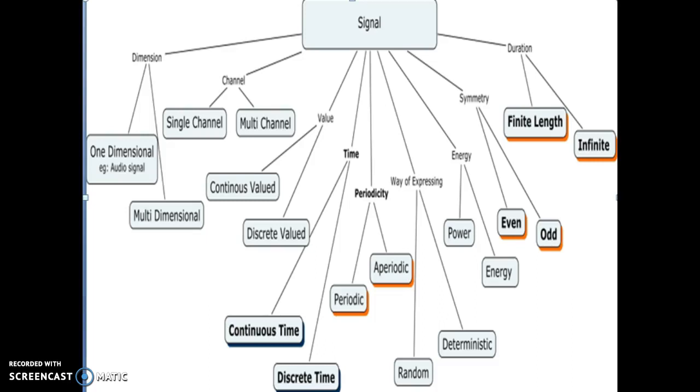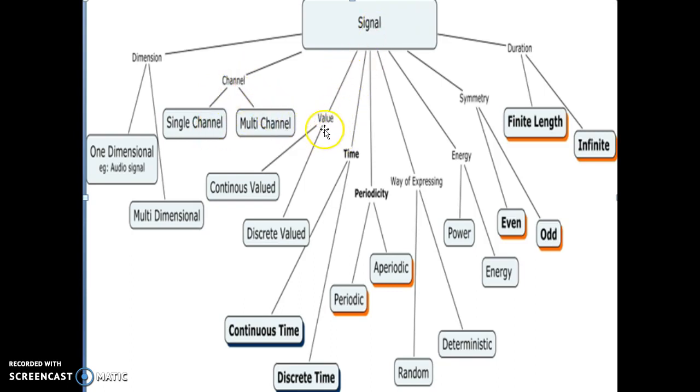Now we can classify signals in different ways, as you can see in this figure. With respect to dimensionality, we can classify a signal as a one-dimensional signal or a multi-dimensional signal. With respect to the channel, as a single channel signal or a multi-channel signal.